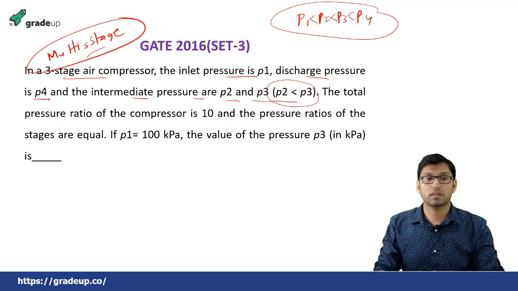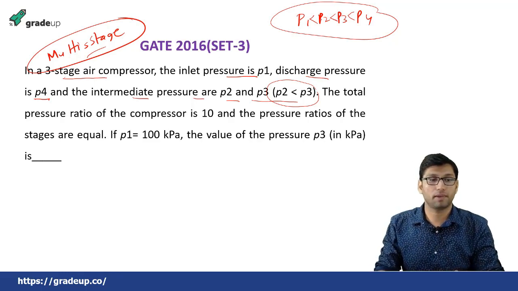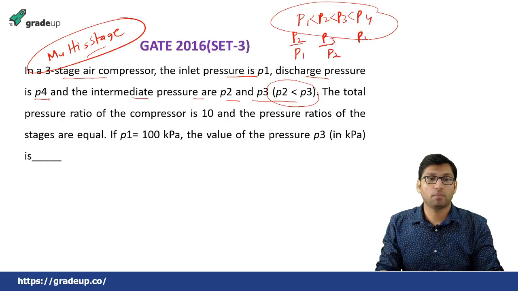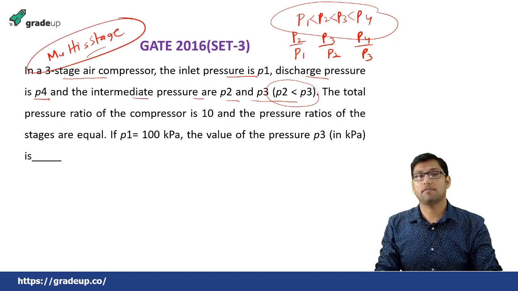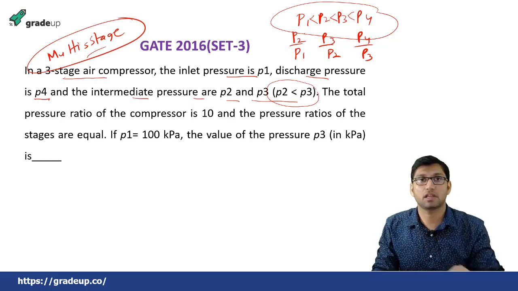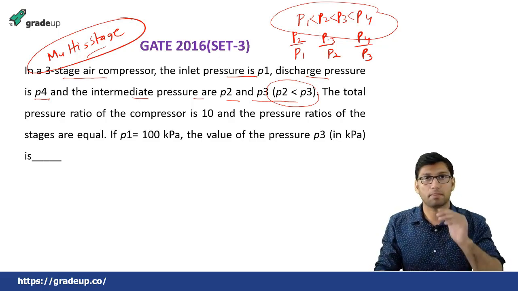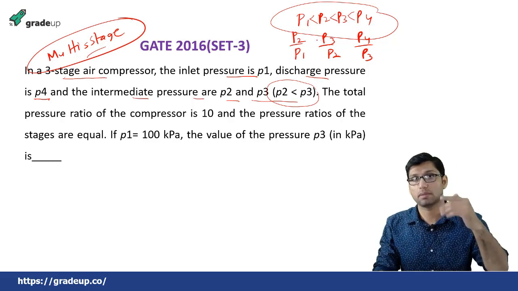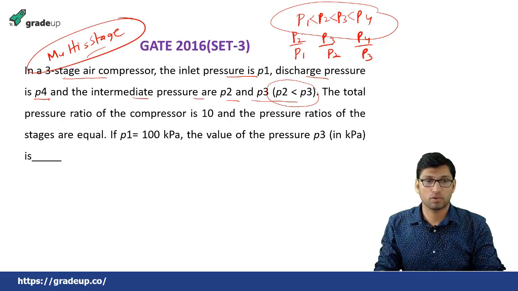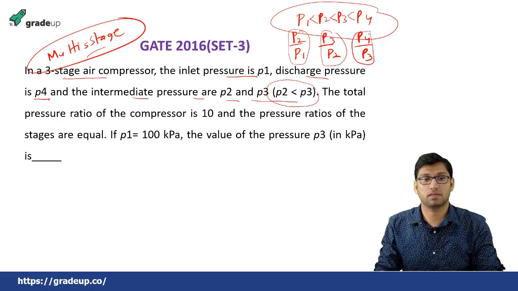For these 3 stages, the compression ratio will be P2 by P1, P3 by P2 and P4 by P3. Compression ratio is the pressure ratio after compression: the pressure ratio for the first stage, for the second stage, and for the third stage.